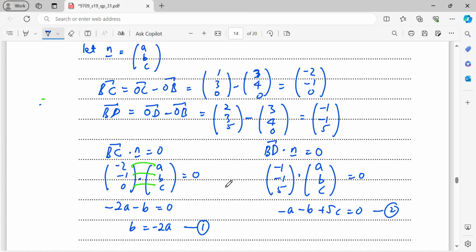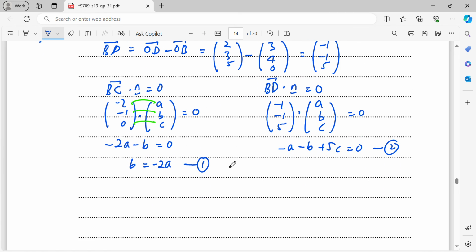Now to solve for a, b, c, the vector n, I will substitute the first equation into the second equation. So you will get -a - (-2a) + 5c = 0. For the first two terms, -a plus 2a is plus a. So a + 5c = 0.